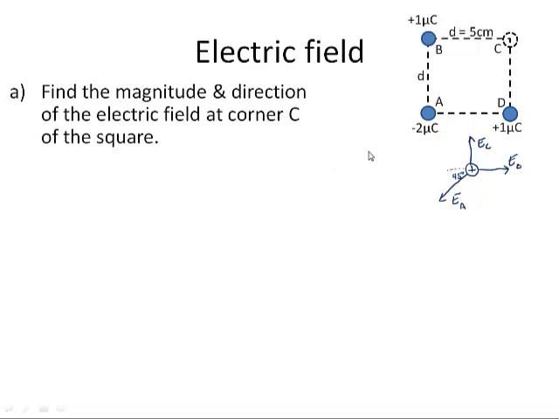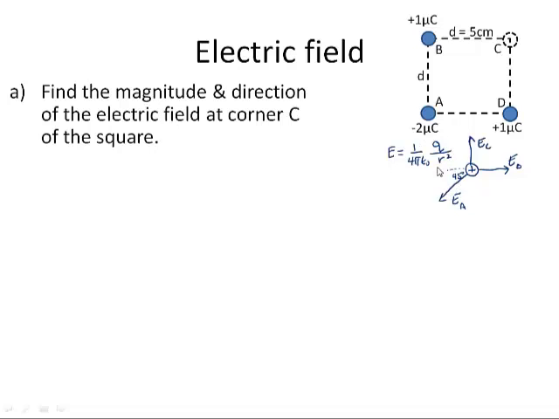So we can actually use our equation that we just saw, that the electric field is equal to K, or 1 over 4 pi epsilon naught, times Q, that's the source charge, over R squared.